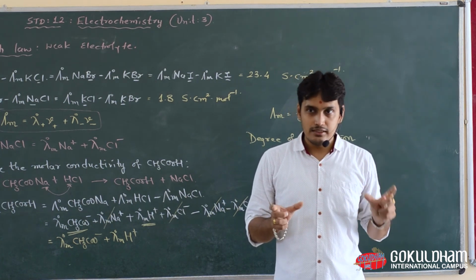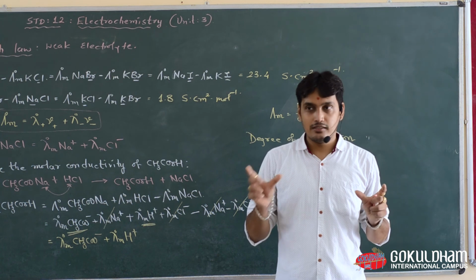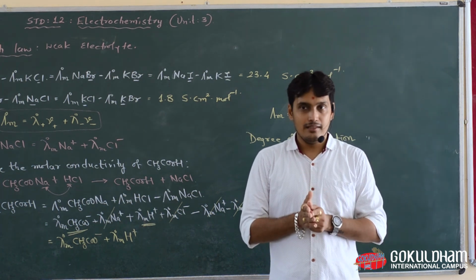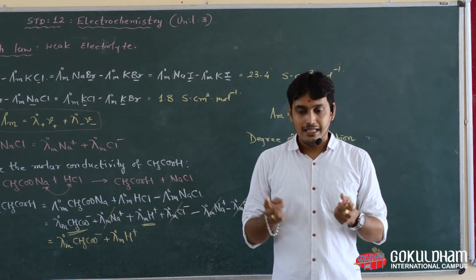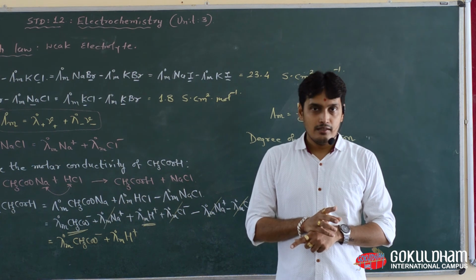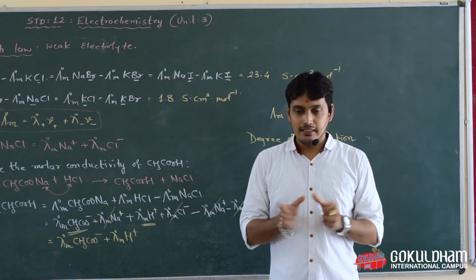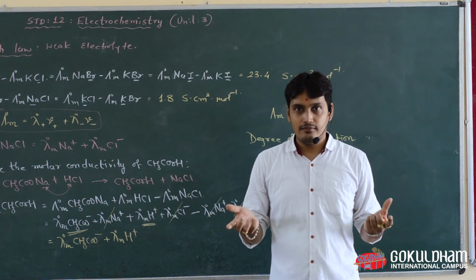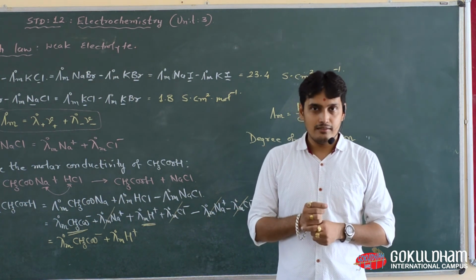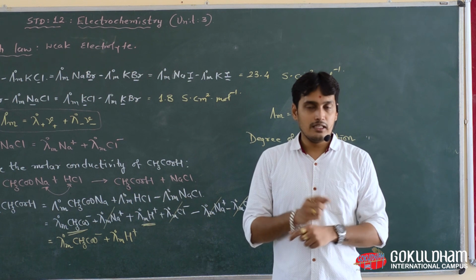One beaker consists of the cathode and the other beaker consists of the anode. But in an electrolytic cell, you have one beaker and the two electrodes are dipped into that one beaker only. In an electrochemical cell, we use two different electrolytes, but in an electrolytic cell, you have only one electrolyte.